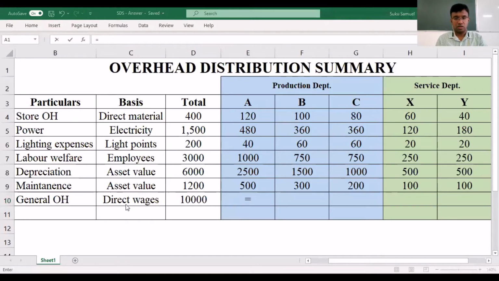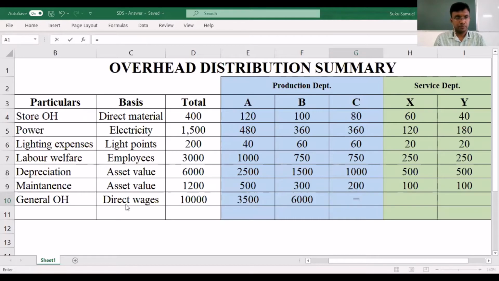So direct wages over here would be 7,000 divided by 20,000 into 10,000, so that works out to be 3,500. For the next one, 6,000 divided by 20,000 into 10,000, this works out to be 6,000.